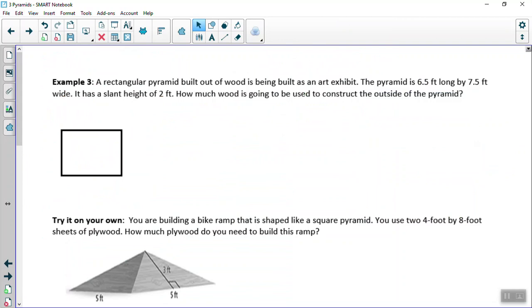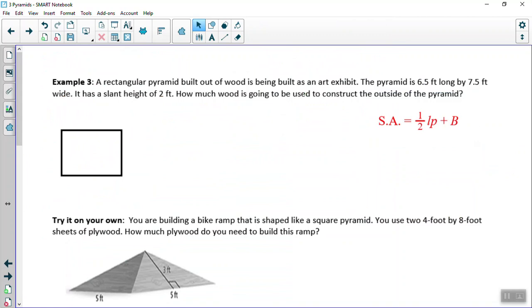Alright, so to construct the outside of that pyramid, we again are looking at surface area. So we're going to start with our surface area formula, but first we need to do a little bit of work. We need to figure out what's the perimeter of the base and the area of the base. Now this is where this rectangle is going to come into play.